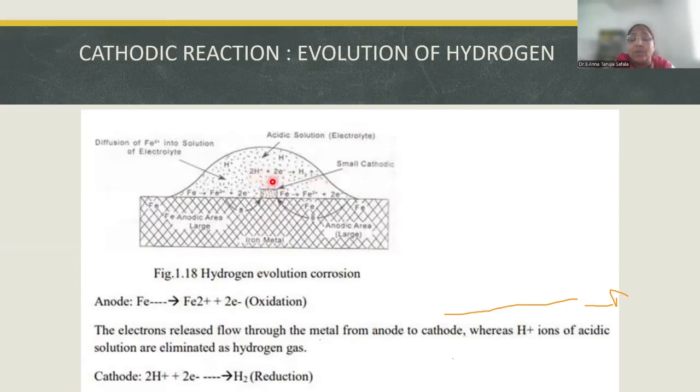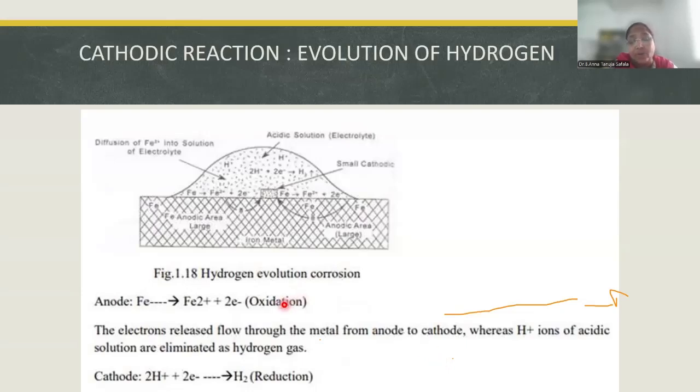Those H plus ions gain the electrons and undergo reduction to evolve hydrogen gas. This is the mechanism that happens when a metal is in contact with acidic environment.